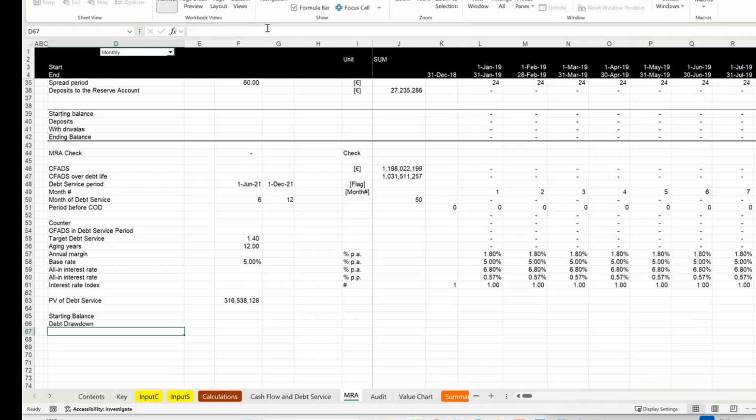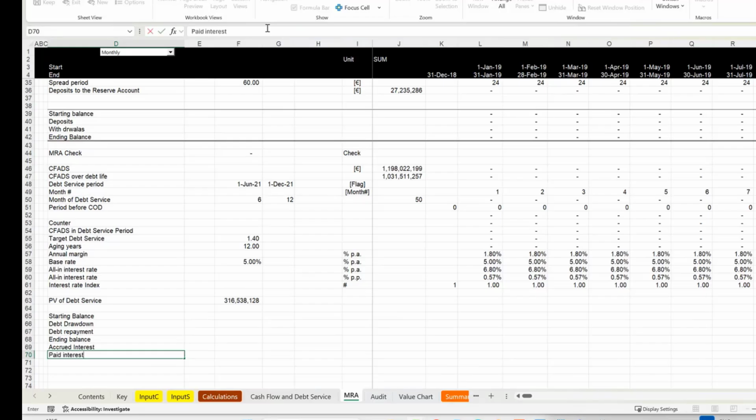And then put the debt repayment. And then put the closing balance. And then we'll put the accrued interest. So we could accrue the interest month by month. And then after we accrue the interest, let's put a paid interest. So we pay it every 6 months.